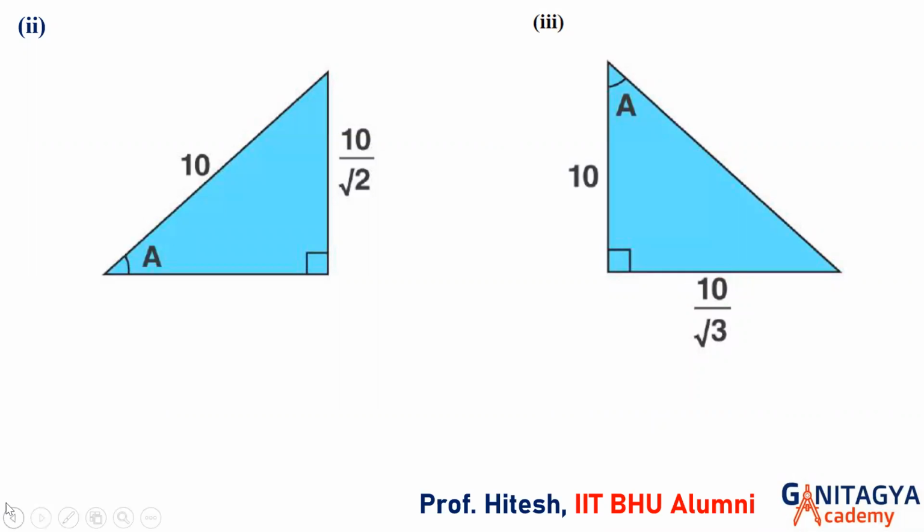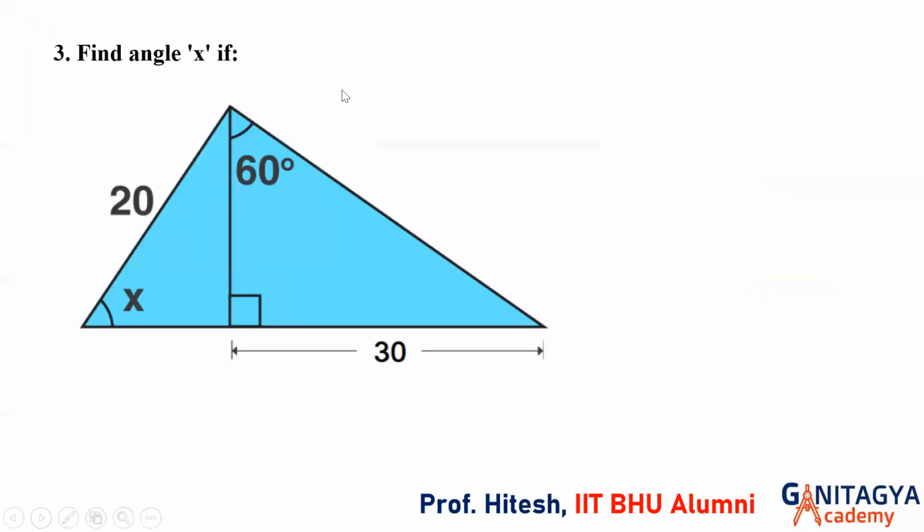Find angle X. You have to find this angle X. This is given as 30. With the help of this triangle we will find this distance, and then with this we will find this one.